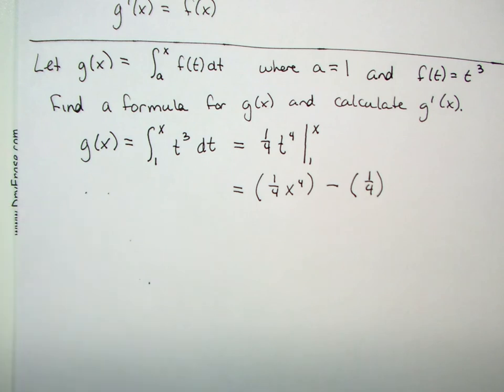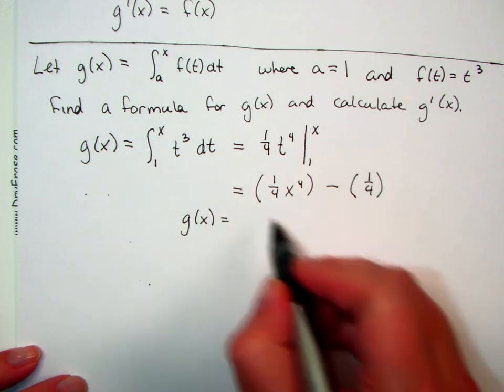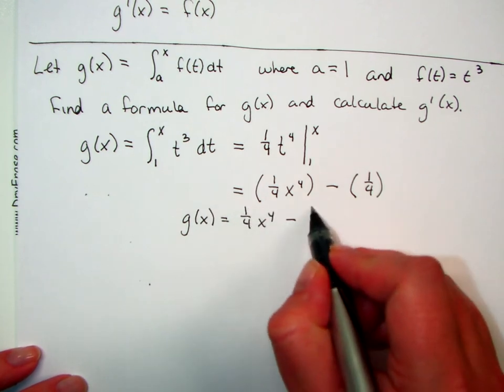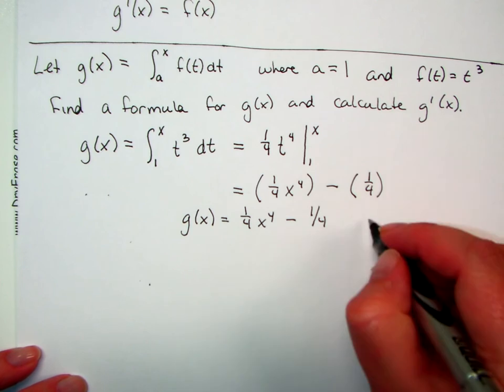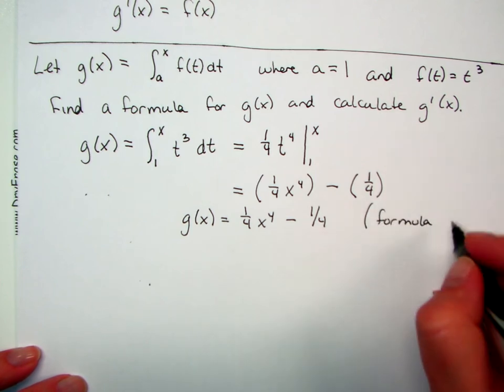All right, so now I have a formula for g of x, right? G of x as a formula is going to be 1/4 x to the fourth minus 1/4. All right, this is my formula for the area so far function.